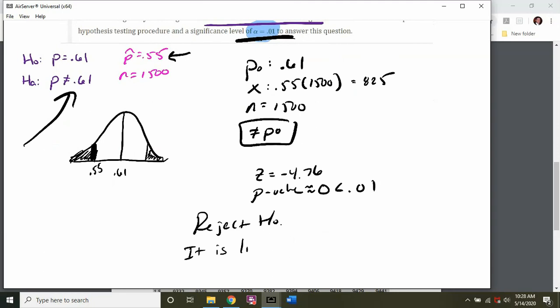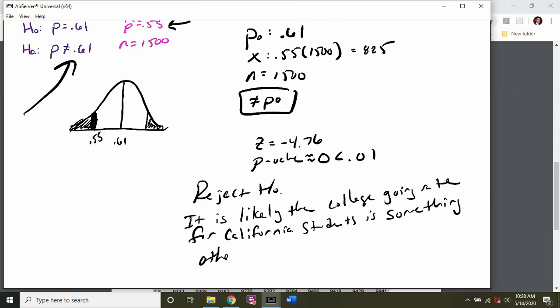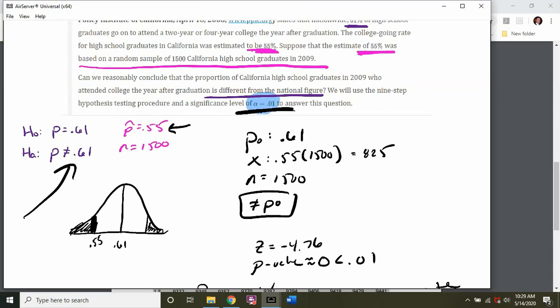It is likely the college going rate for California students is something other than the national figure. Okay, and there you go.